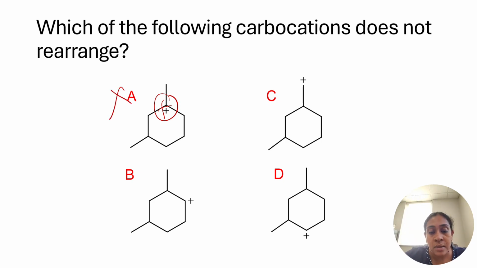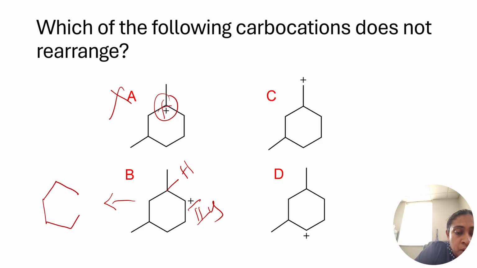Now let's look at structure B. In B, we have a secondary carbocation. On the neighboring carbon here, we have a hydrogen. That means there's a possibility to do the 1,2-hydride shift. Let's see by doing that whether we can improve the carbocation stability.